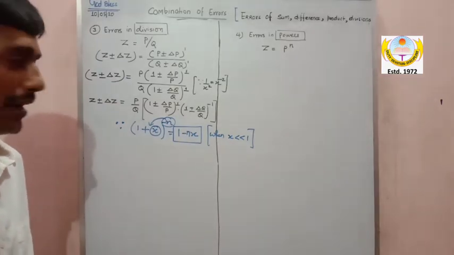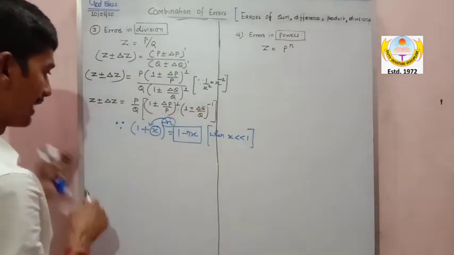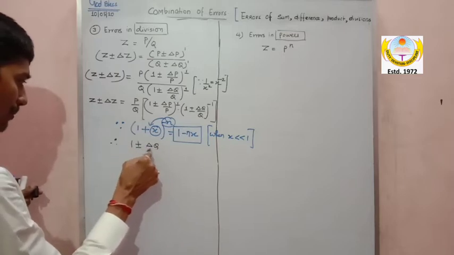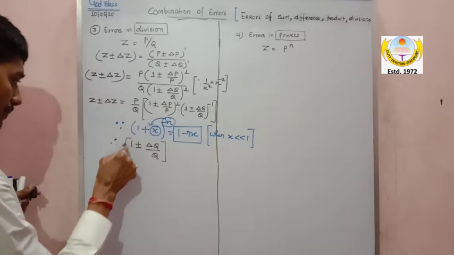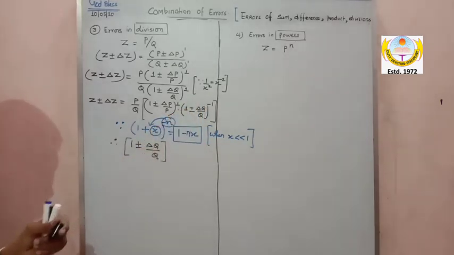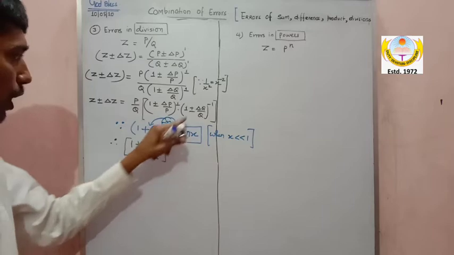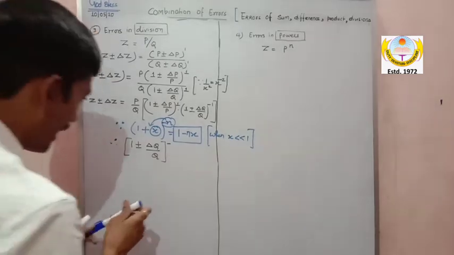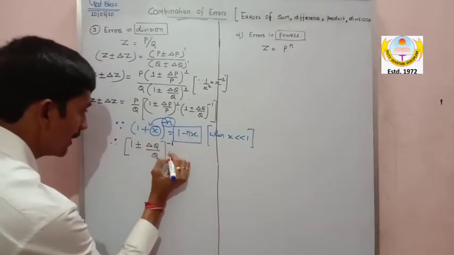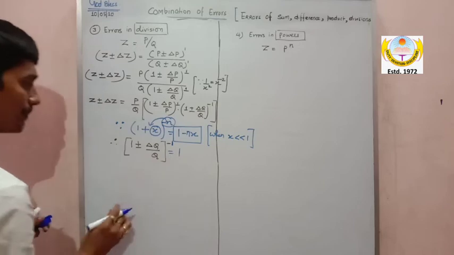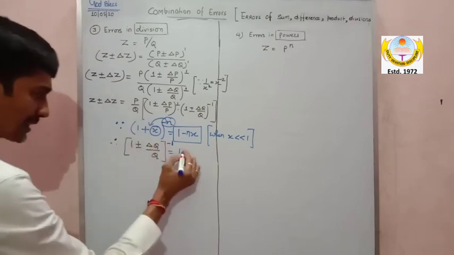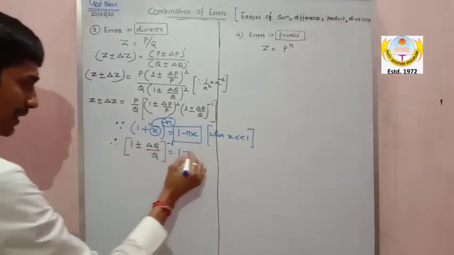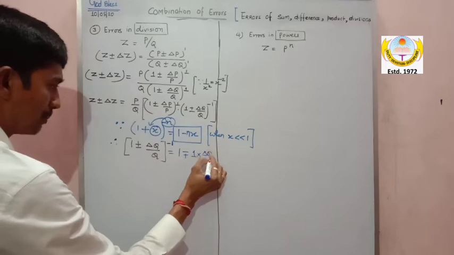Here, therefore, 1 plus minus delta q by q, whole power minus 1, can be written as 1, this is minus and this is plus, so the answer will become minus, and this is minus and this is minus, the answer will become plus, 1 into delta q by q.